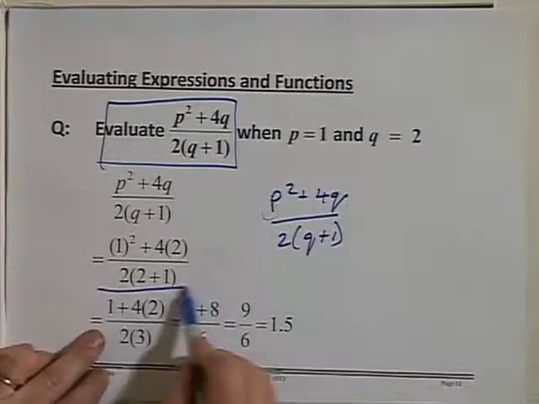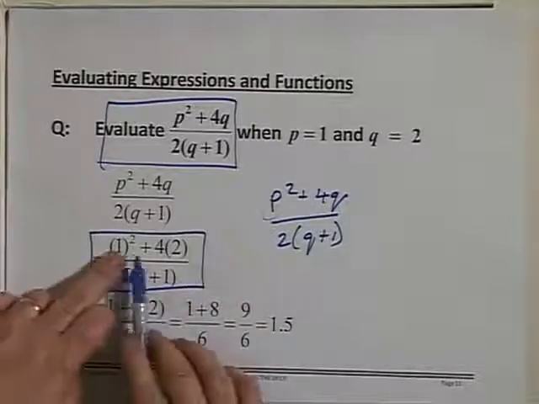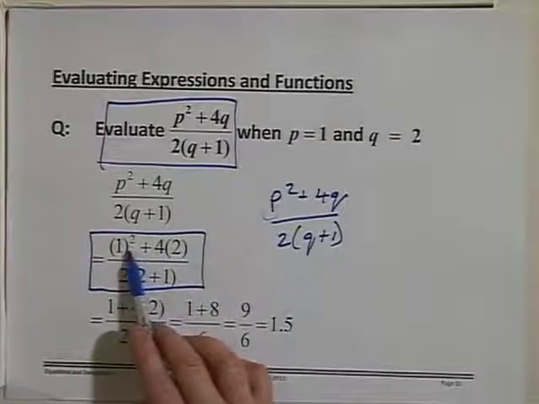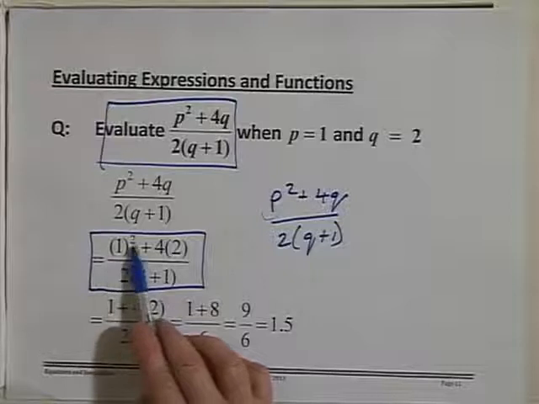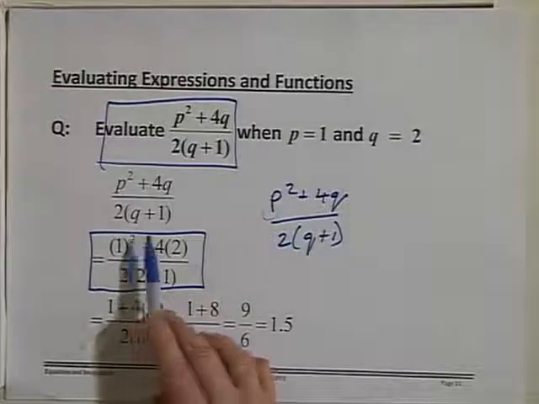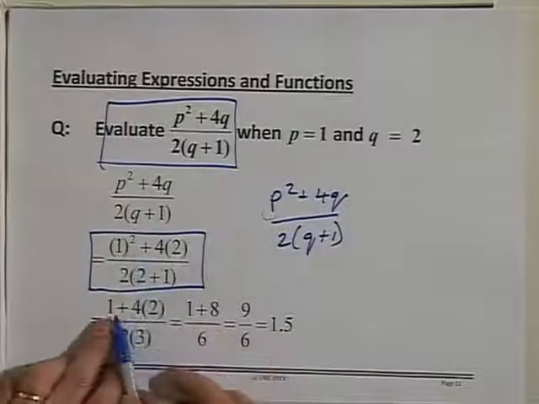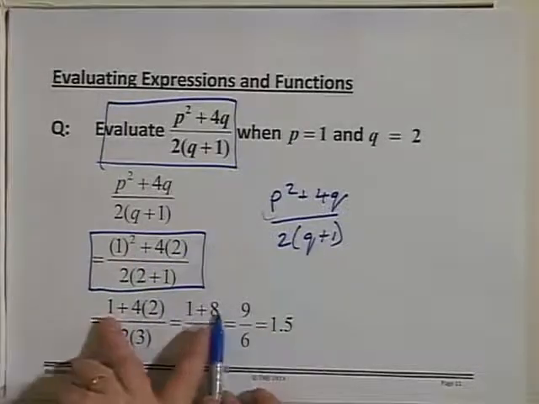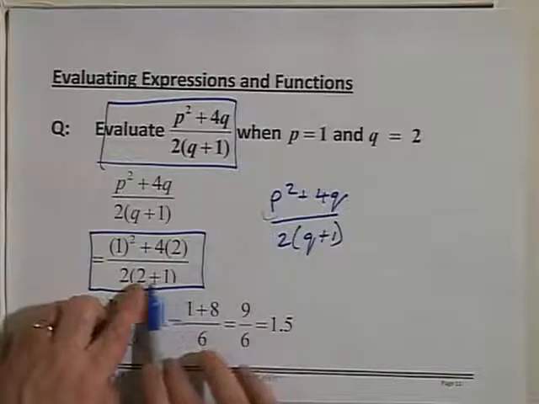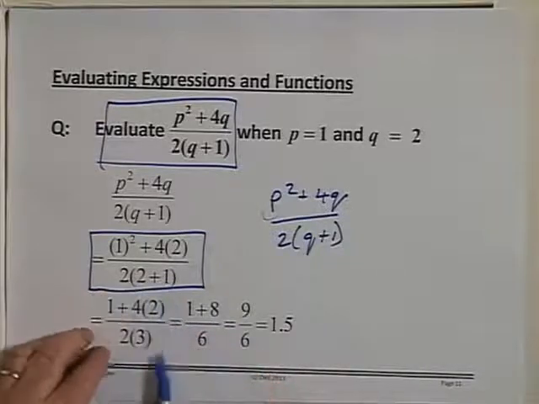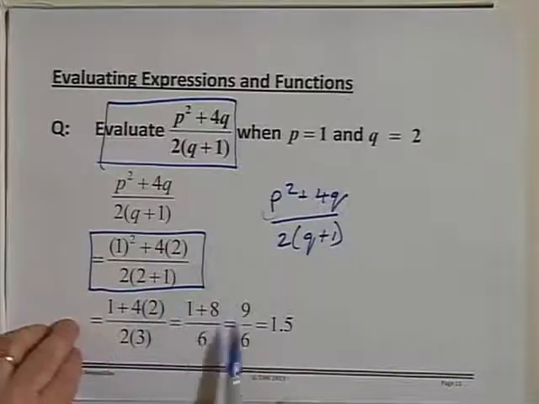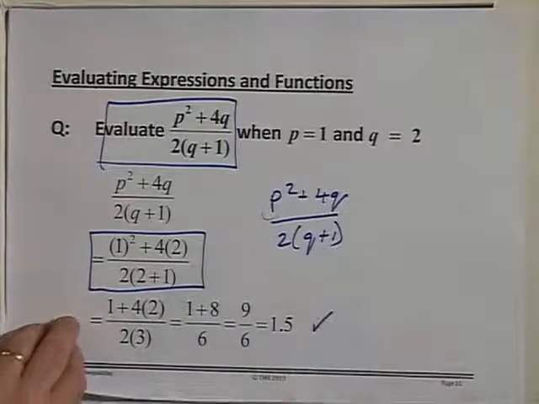And the brackets are very important. So now we can do the brackets. Because this is an indices, or a power, we must do that first. 1 squared is 1. 4 times 2 gives us 8. 2 plus 1 on the bottom first is 3, and 2 times 3 is 6. 1 plus 8 over 6, 1.5.